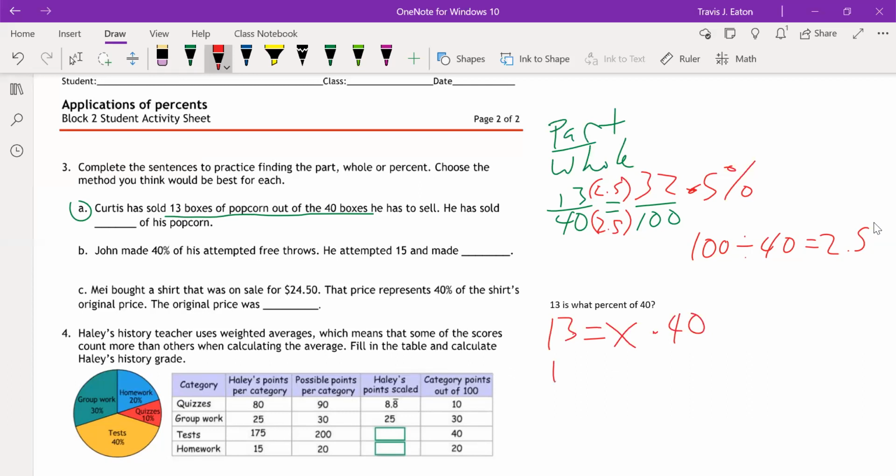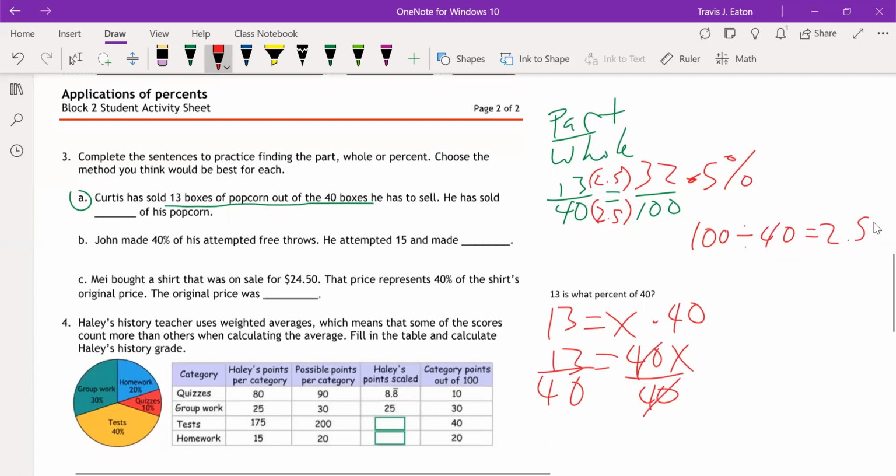If we were to rewrite this as an equation, it would be 13 equals 40x. We divide both sides by 40, those 40s cancel each other out, and 13 divided by 40, x would be equal to 0.325.